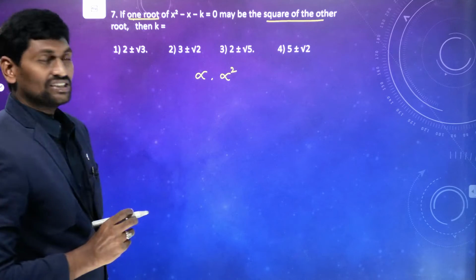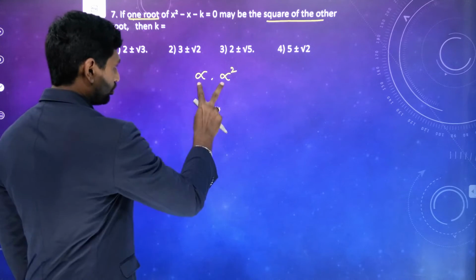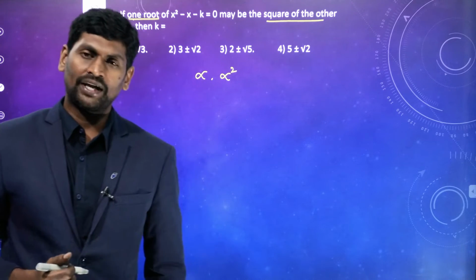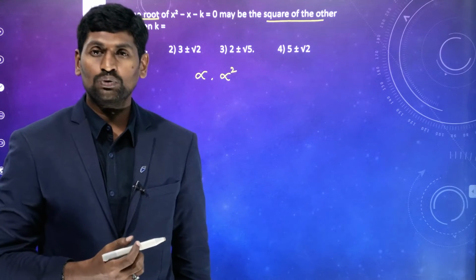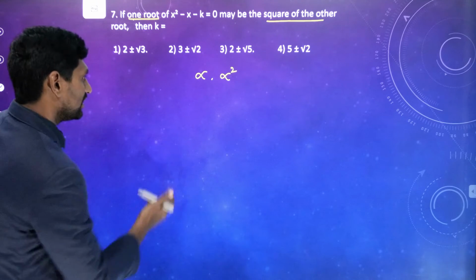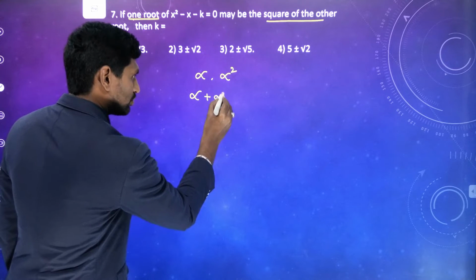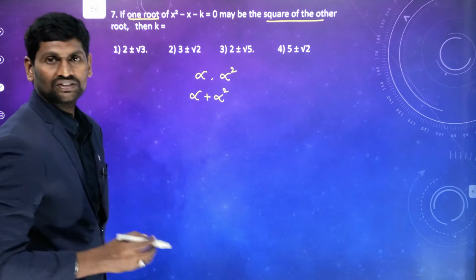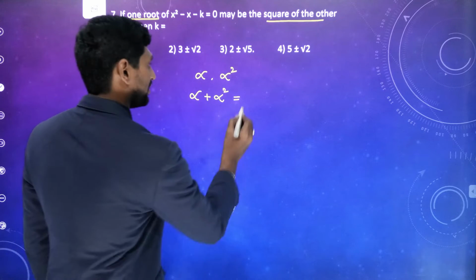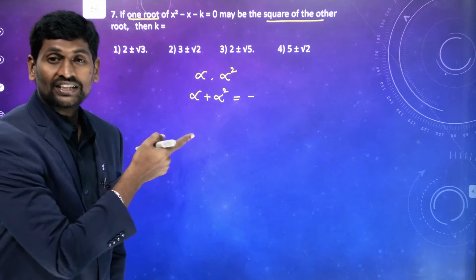In the same way, sum of roots and product of roots we are using now. If you know the two roots, we know the condition: sum of roots is minus b by a and product of roots is c by a. Now sum of roots, add all of them, first one plus second one. Sum of roots equals minus b by a. What is the b value? B is nothing but the x coefficient.